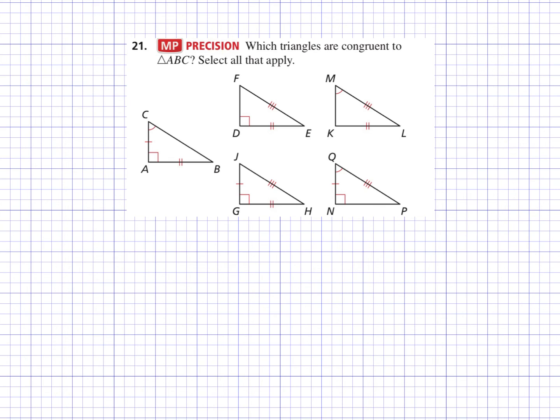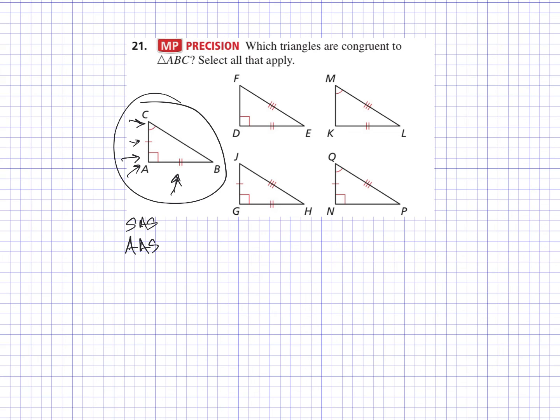Which triangles are congruent to that triangle right there? Okay, so we have a side and an angle and a side. So you could do side angle side with this one, which has got to be the correct size. You have angle, angle, side. So that's one thing we can look for. We do not have hypotenuse leg, even though it's a right triangle.